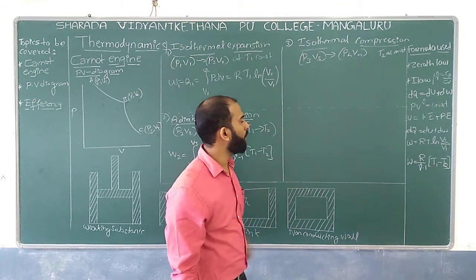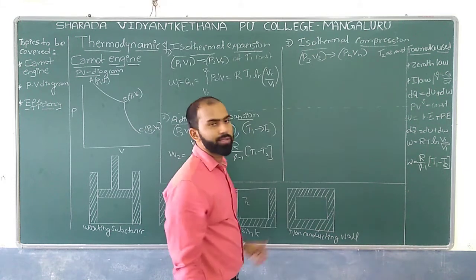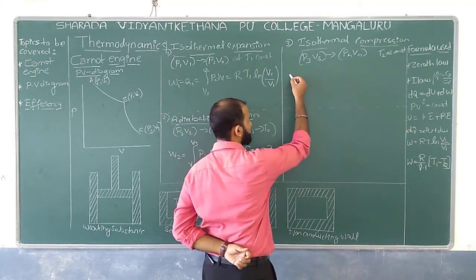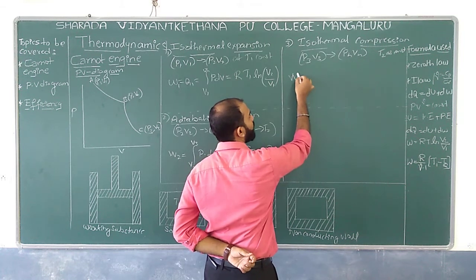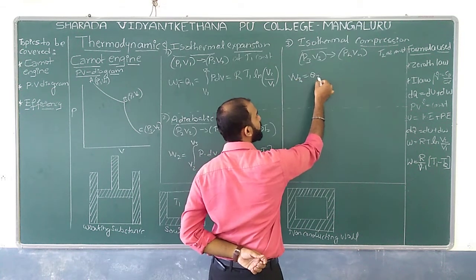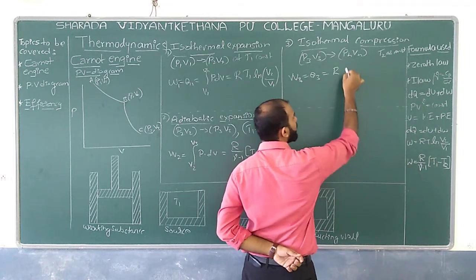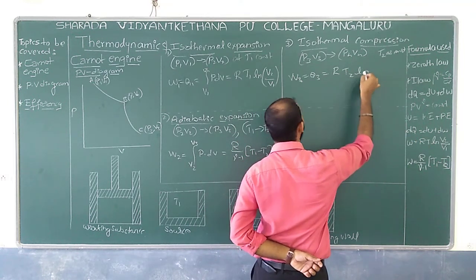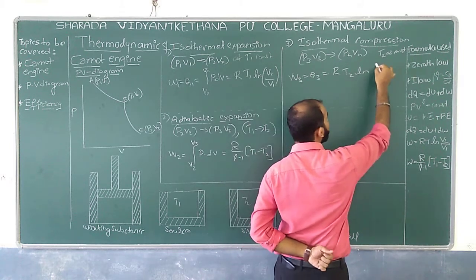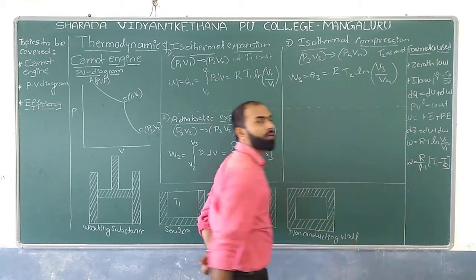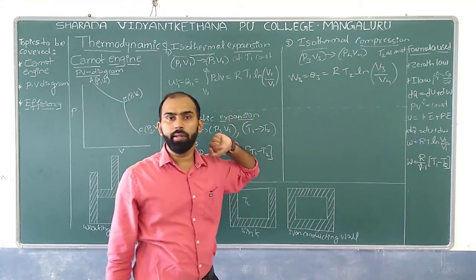So, if it is so, what is the formula? What is the work that we can expect? That is very simple. That is W3, which is equal to Q3, which is equal to R into T2 ln of V3 by V4 comes into the picture. Why can't it be V4 by V3?